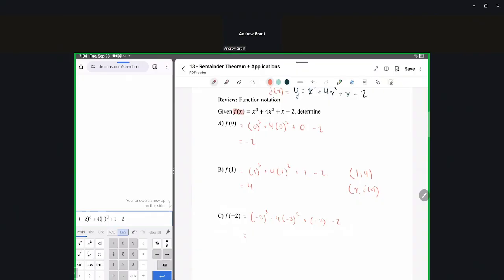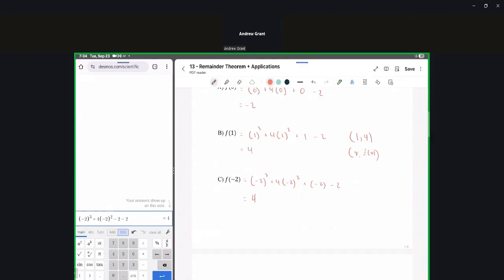So instead of 1 here, I'm just going to type in negative 2. And we can see here, we also get a solution of 4. So f of 1 and f of negative 2 both happen to equal 4 by coincidence. Okay, so that's the notation we're going to be using for this particular lesson.